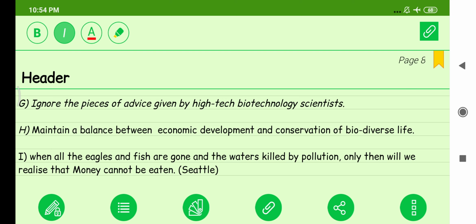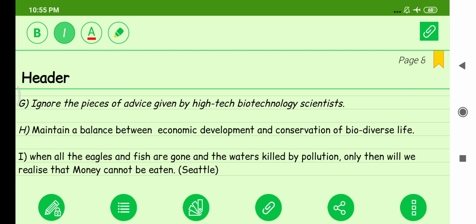If you want money, you can sell 100 trees, but at the place of those 100 trees, you can plant new 100 trees. Maybe 100 trees, 200 trees, but you can plant new trees at the places where you have already cut down the trees. Likewise, if you want to kill some animals for meat, at the same time you have to raise new animals.